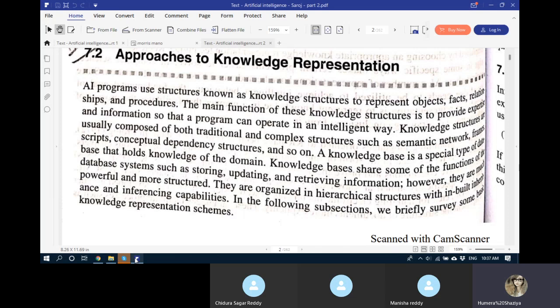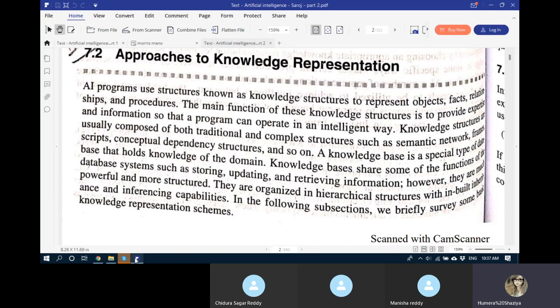Knowledge bases share some of the functions of the database, such as storing, updating and retrieving information. However, they are much more powerful and more structured. So what does this statement say about the difference between knowledge base and database?